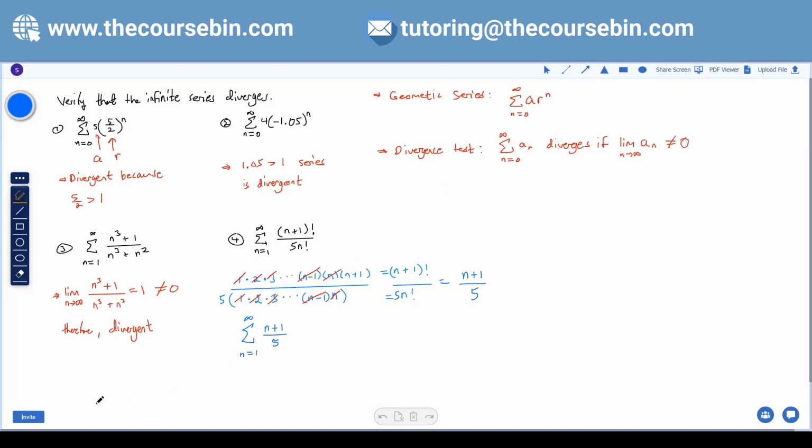Does it look like a geometric series? Not really. I was thinking the same rule with parentheses and a one in front. Or if you transform this into a multiple instead of a fraction, I guess the 5 might be the A, but I'm just doing quick math. But yeah, right now it doesn't look like a geometric series, and you can't simplify it more. So you probably have to use the divergence test.